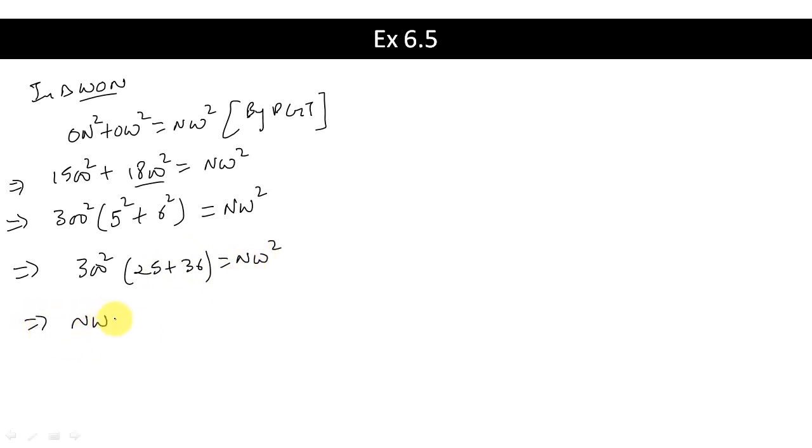So the value of NW will be under root of 300 square multiplied by 61. So this will be 300 under root of 61 kilometer. So the distance between the two planes after 1.5 hours will be 300 root 61 kilometer.